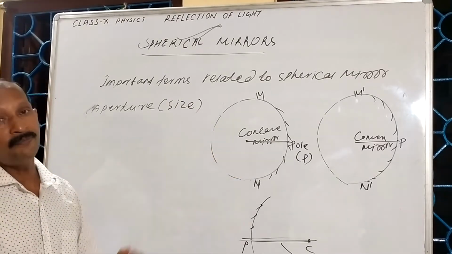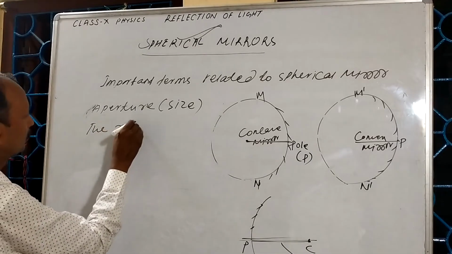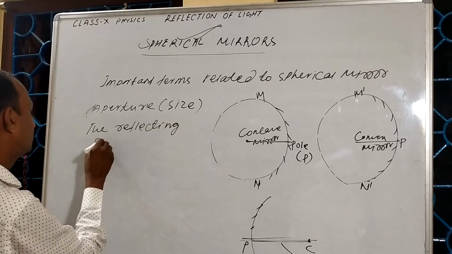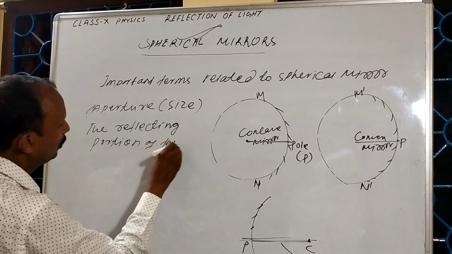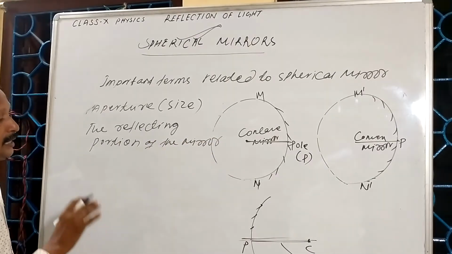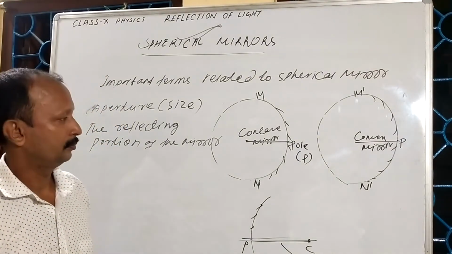The reflecting portion of the spherical mirror is called size of the mirror.